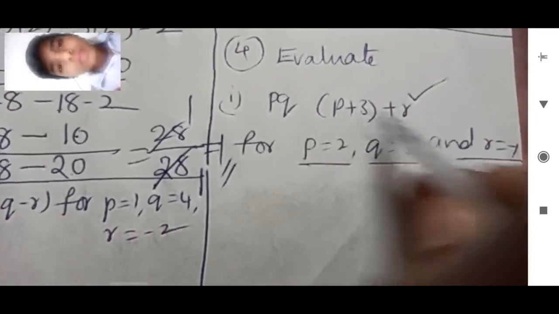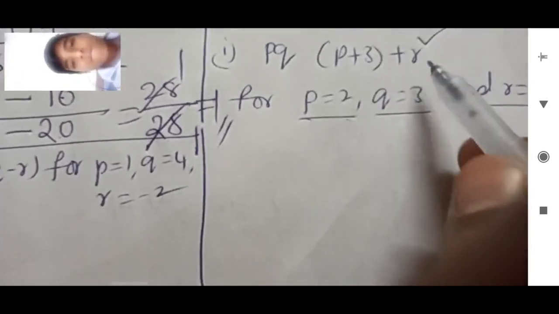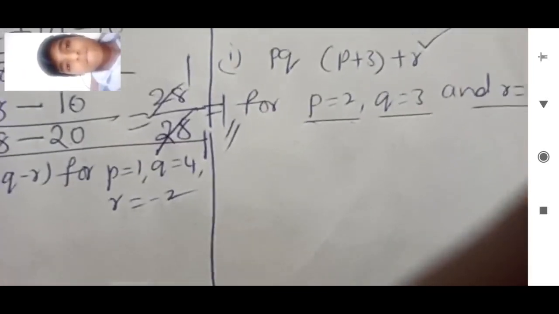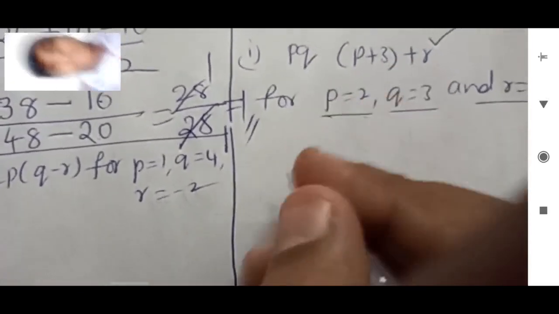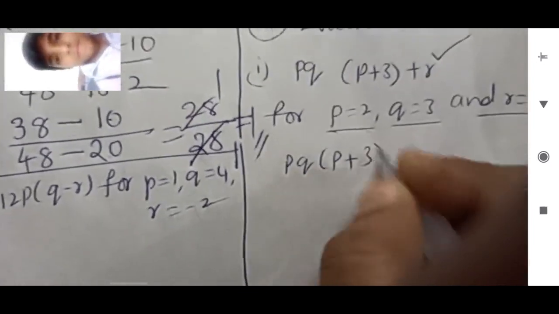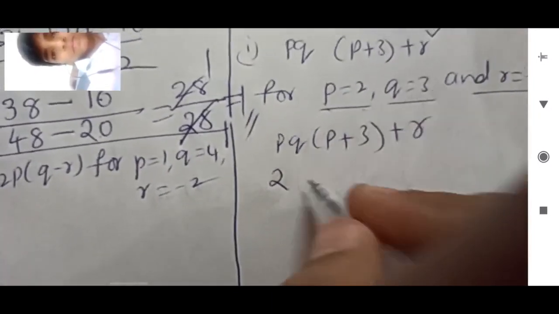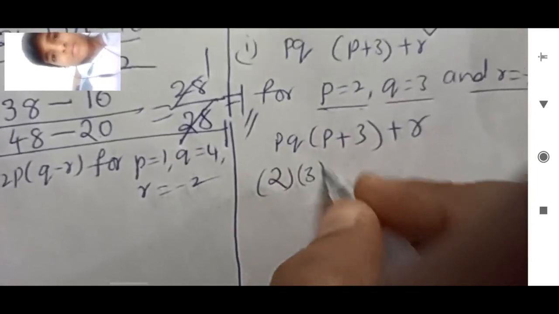In this problem we have to put in the values. Substitute the values. P value 2, Q value 3 and R value -1 we have to substitute. So what is P? Here PQ into P plus 3 plus R. In the place of P, 2 we have to keep. In the place of Q, we have to keep 3 into P plus 3.